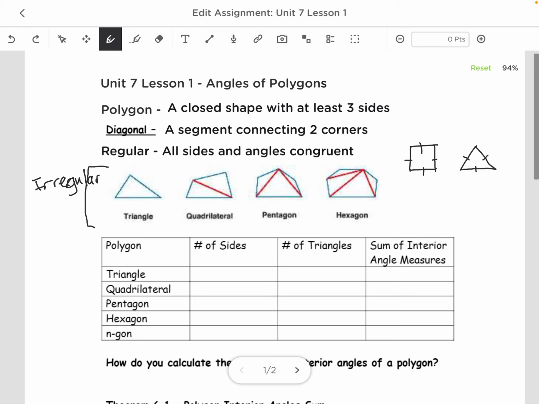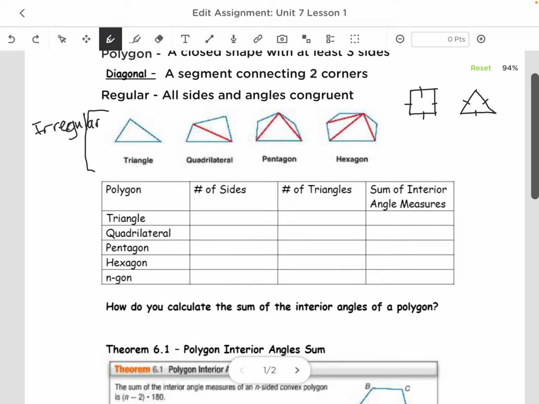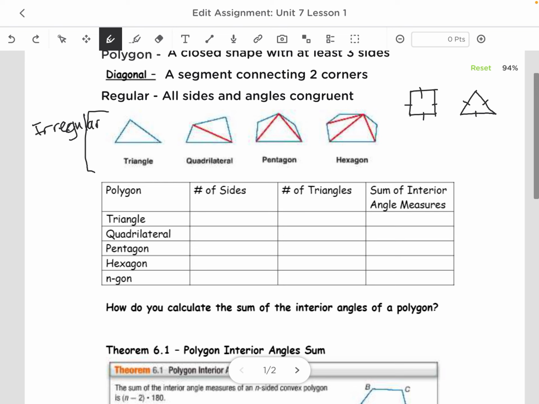Okay. So next, we're going to fill in this table with the number of sides, the number of triangles, and then the sum of the interior angle measures for each type of polygon. We're going to use this table to figure out a general rule for this process. So starting with a triangle, we should know that a triangle has 3 sides.